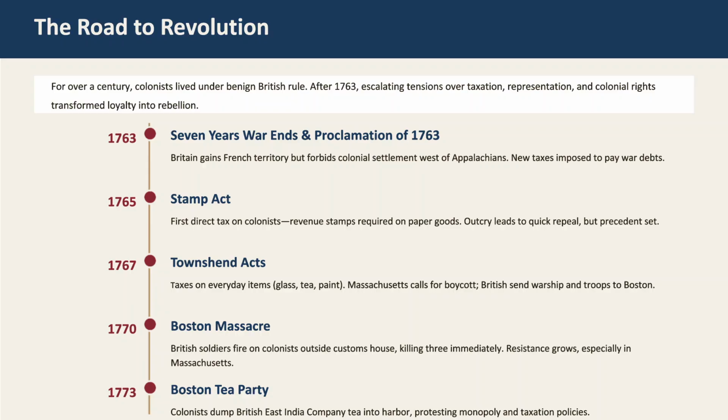And so they began imposing new taxes and restrictions on the colonies. The first was the Stamp Act of 1765. It was the first direct tax on the colonists, and it created a lot of protest.